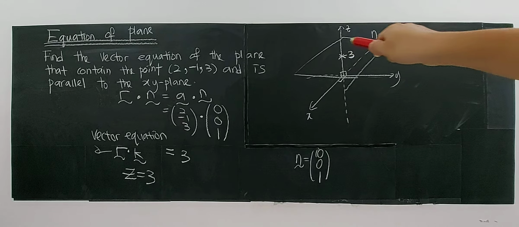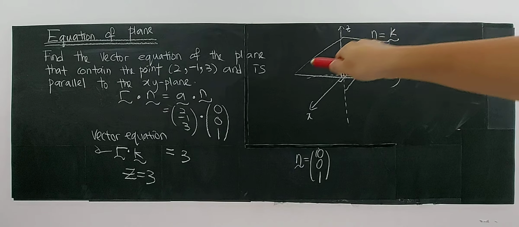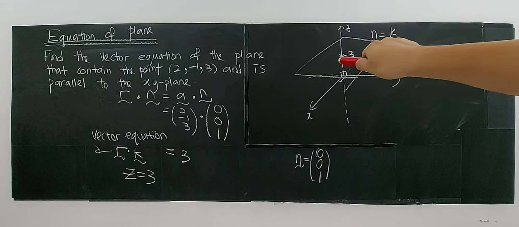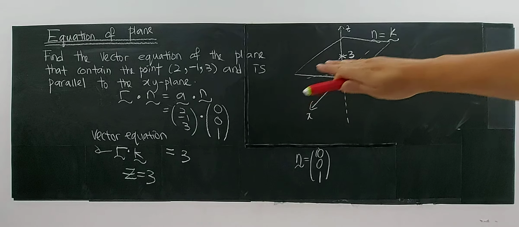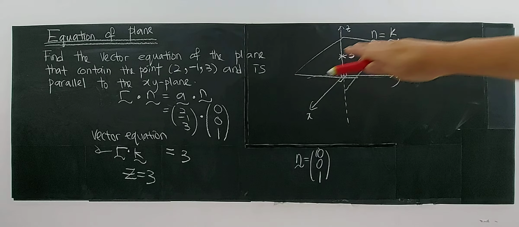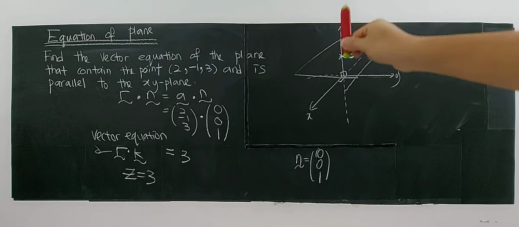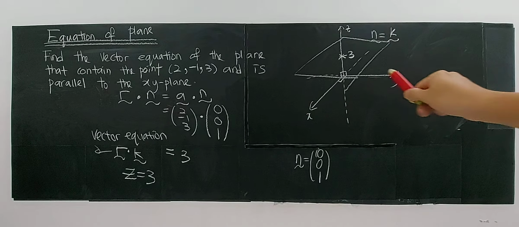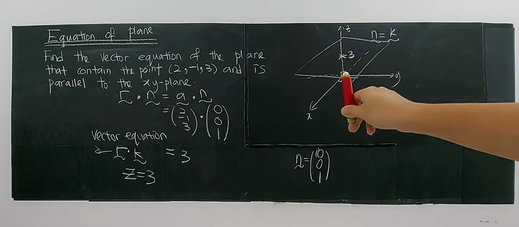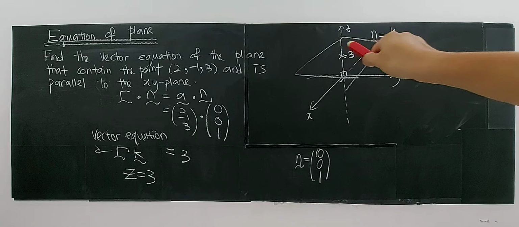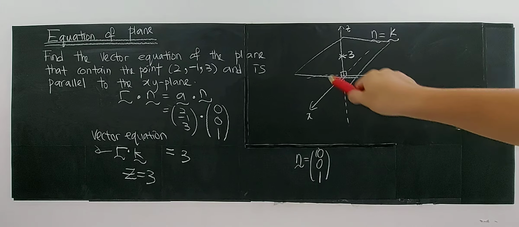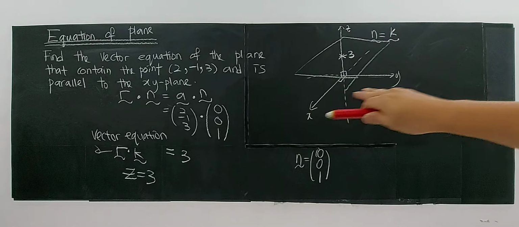So z equals 3 is a plane that intercepts the z-axis at 3. Or it's a horizontal plane. And this plane has a normal vector k. And the xy plane also has a normal vector k. But the plane z equals 3 is higher compared to the xy plane.